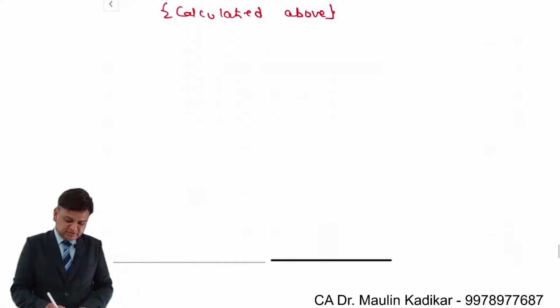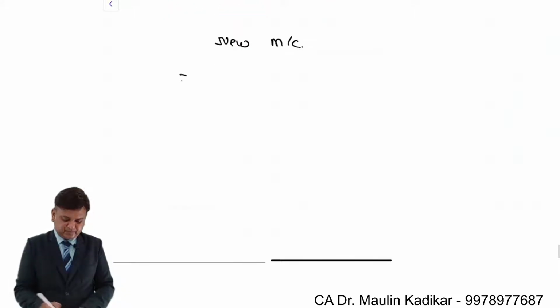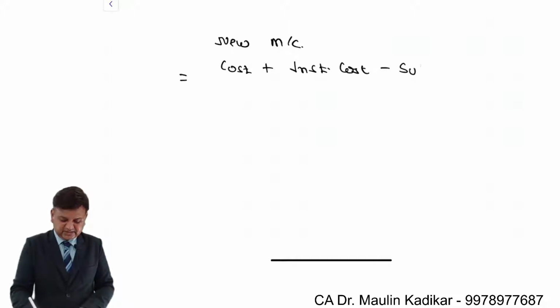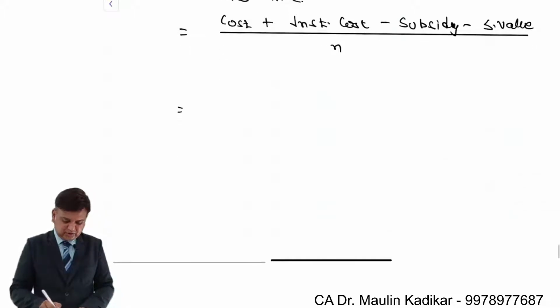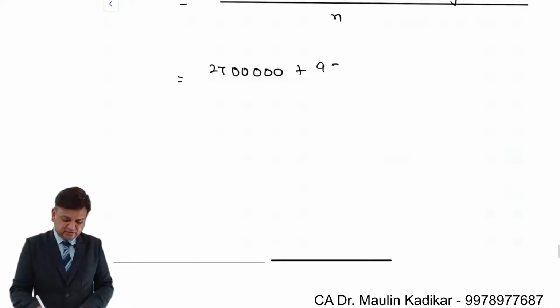And as far as the new machinery is concerned, it is cost plus installation cost minus subsidy minus scrap value of the machinery, divided by number of years. Cost is 27 lakhs. Installation cost is 95,000.